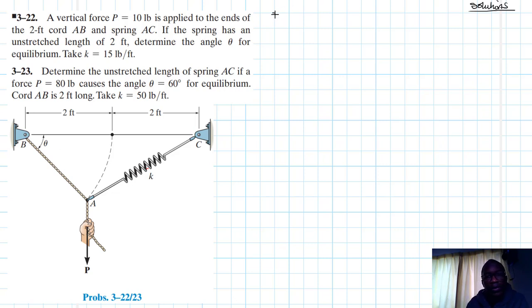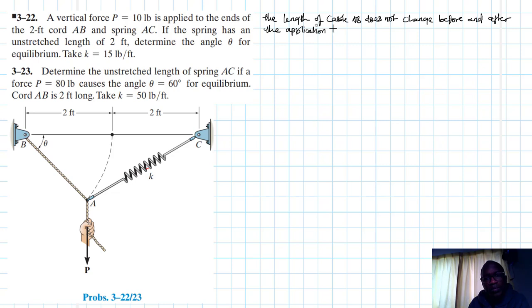Okay, so cable AB, the length of cable AB does not change before and after the application of the load, so it remains the same, and therefore length AB is equal to 2 feet. All right, you can see it also, right?